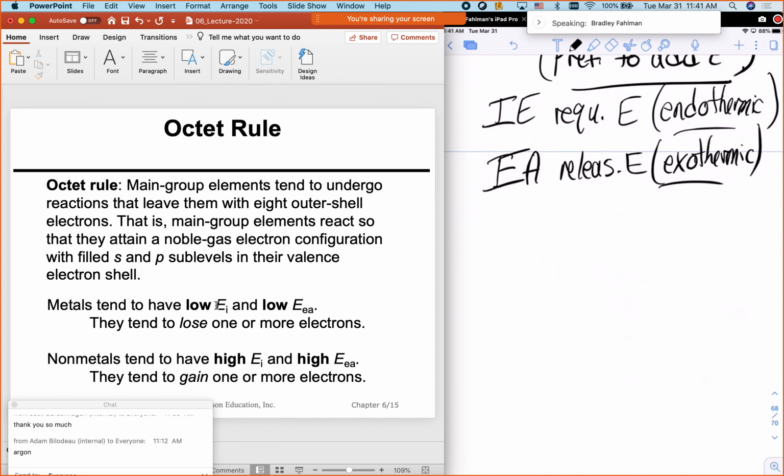It wants to go to lithium plus really easily. And electron affinity, it really doesn't want to add any electrons. Versus nonmetals, it's really hard to remove electrons from them. So they're going to have a high ionization energy and a high electron affinity, which means that they want to add electrons instead of remove.